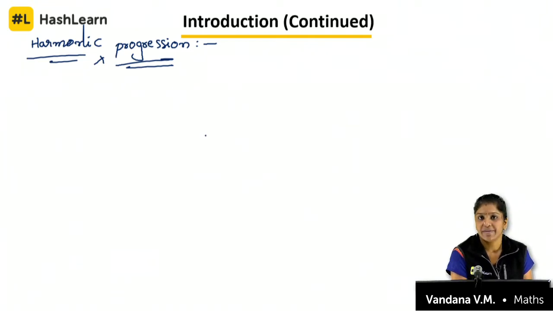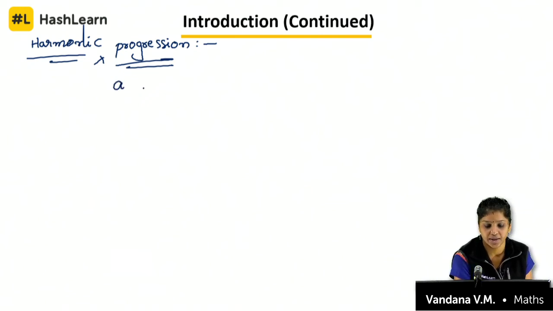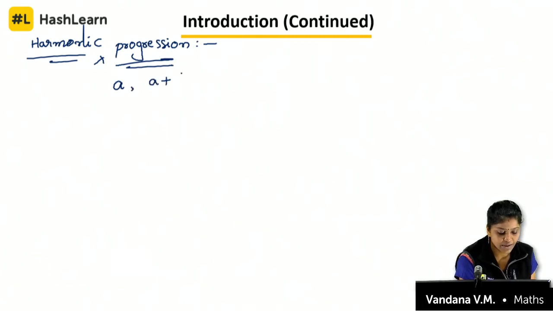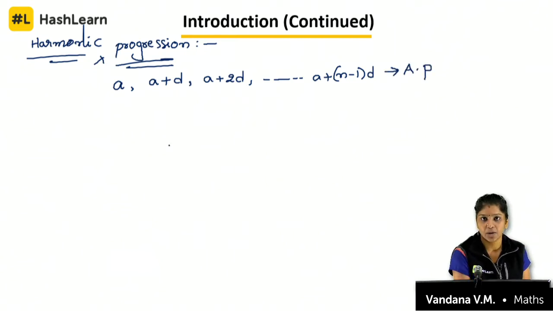It is the reverse of the terms of arithmetic progression. Like in arithmetic progression, how do we usually write? A, a plus d, a plus 2d, and so on, a plus n minus 1 into d. Here the terms are in arithmetic progression.